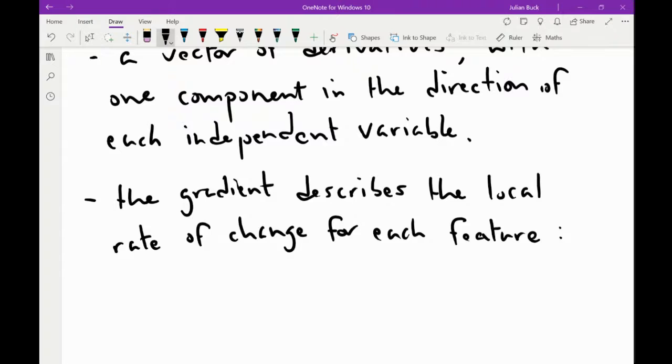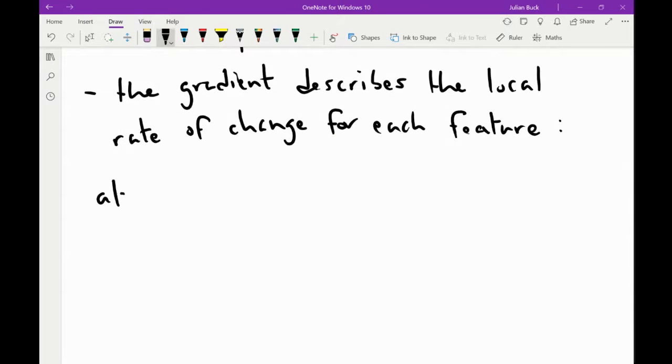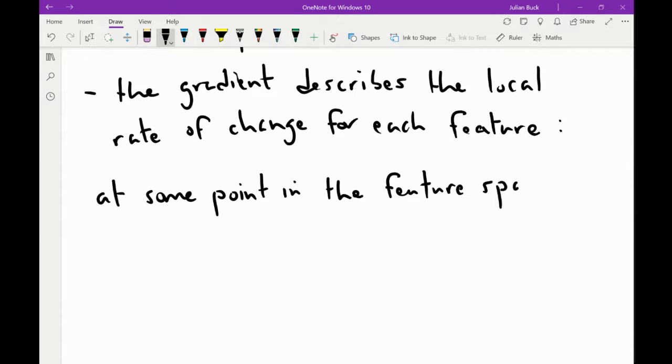At some point in the feature space, think of the features, if we take them all, as forming some multidimensional space, the feature space. And a point in there simply means a set of coordinates, one for each feature.